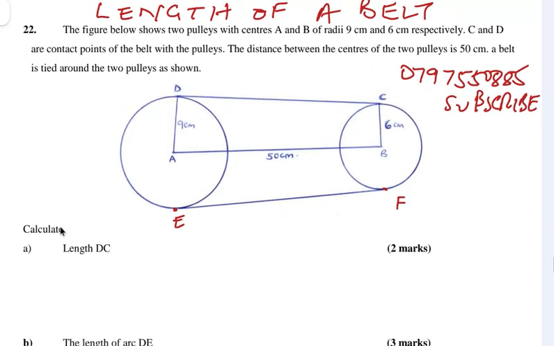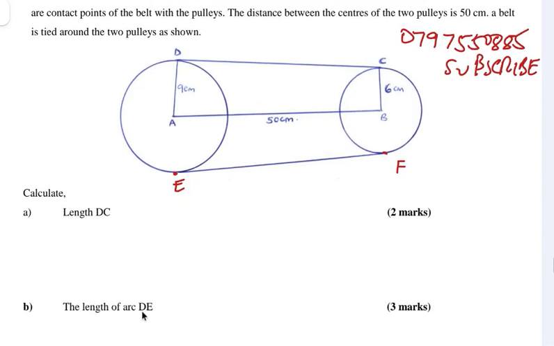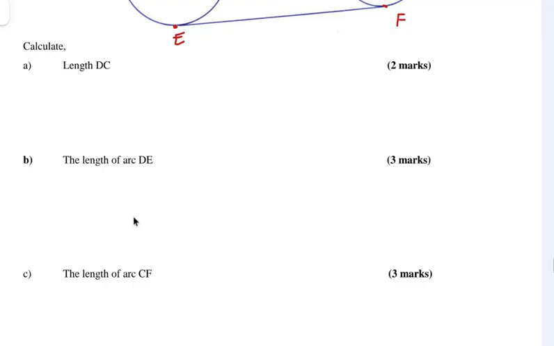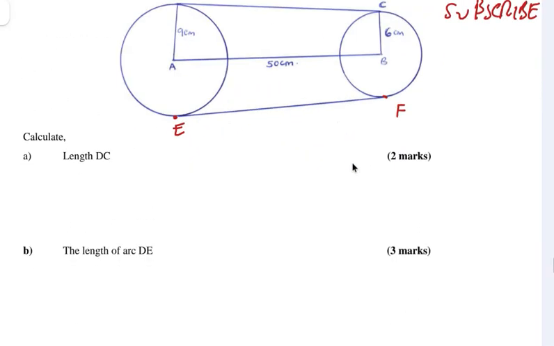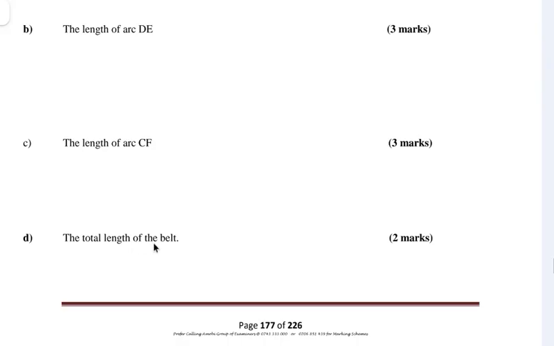The question says calculate question A, length DC. DC is from here to here, and do not misjudge and think that AB is just the same as DC. It's very wrong. Question B, the length of arc DE. Question C, the length of arc CF. DE ni hii na CF ni hii, and the total length of the belt.